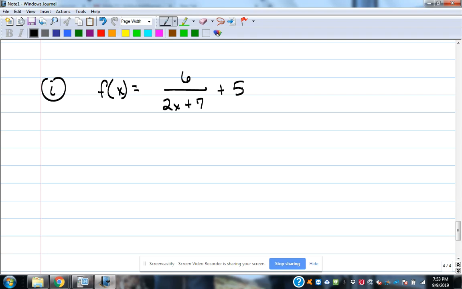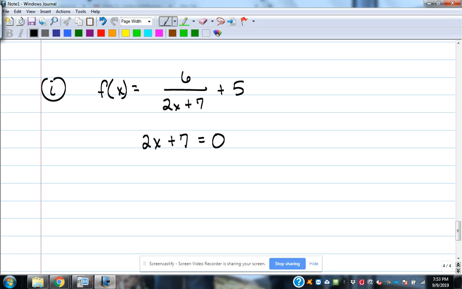It makes it look tougher, but it doesn't change anything. What part is the only part that's going to mess something up? The 2x plus 7 in the bottom. That's the only part that's going to mess something up. So we need to take that and do what with it? Not set 2x to 0, but find out when is 2x plus 7 equal to 0. When is that going to happen?